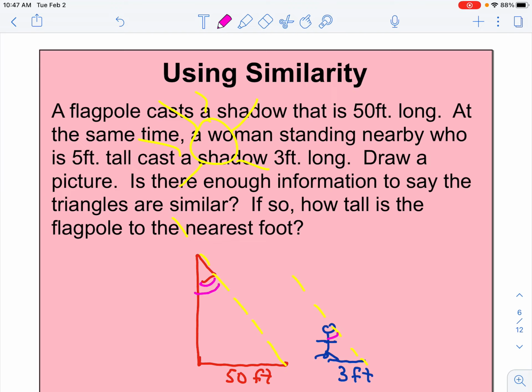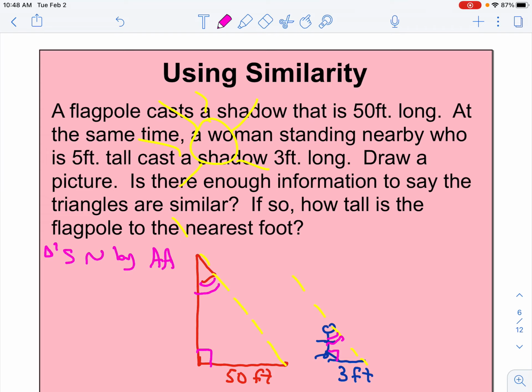I'm going to draw 2 tick marks so that's a little more clear. We also know that the flagpole and the woman are both standing straight up and down, at a 90-degree angle. So the triangles are similar by angle, angle.